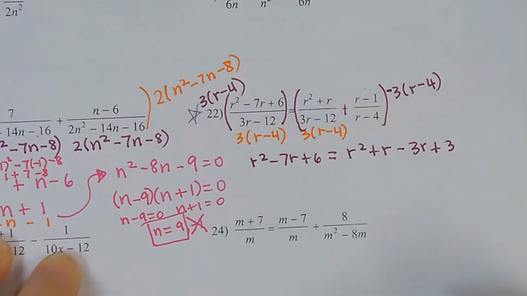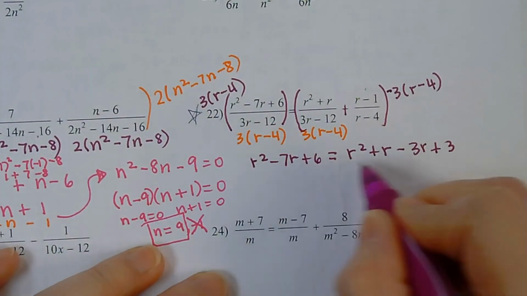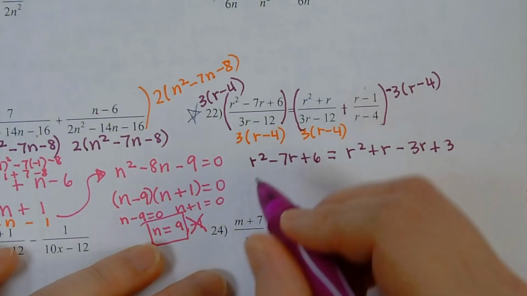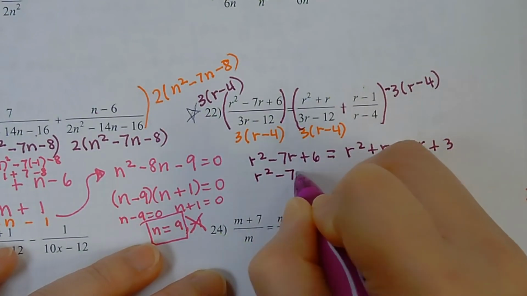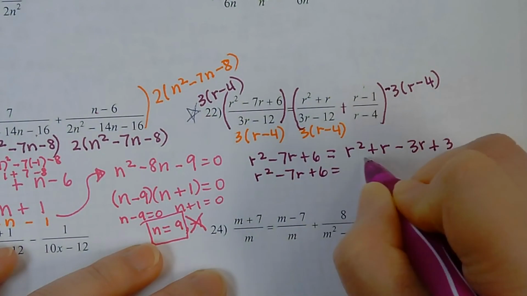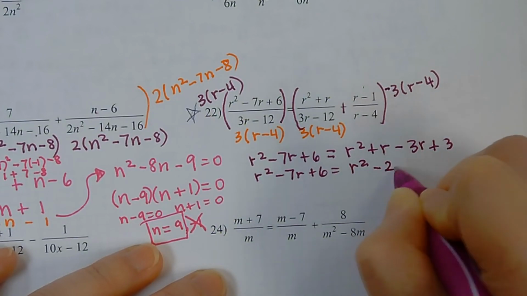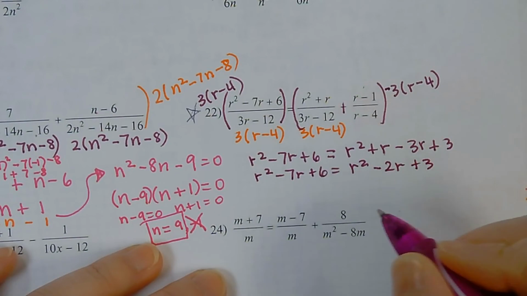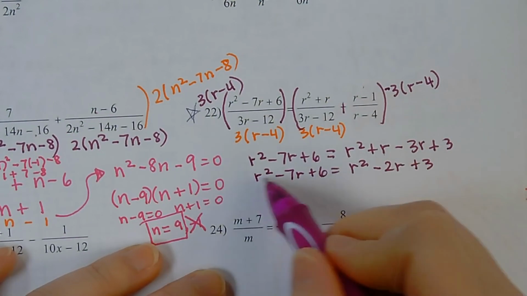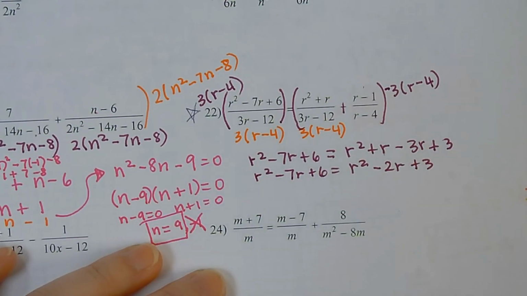Running out of room. All right, I'm going to simplify the right-hand side. So r squared plus r minus 3r is going to be r squared minus 2r plus 3. I'm going to just get everything on one side.